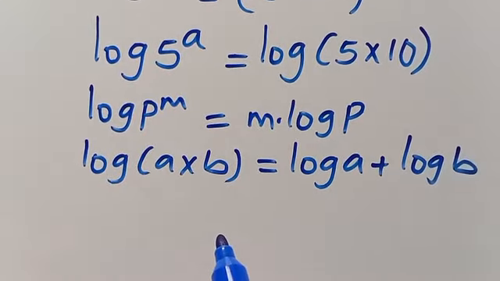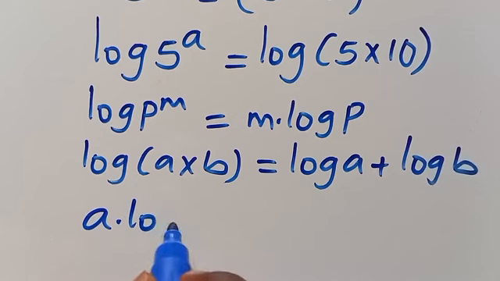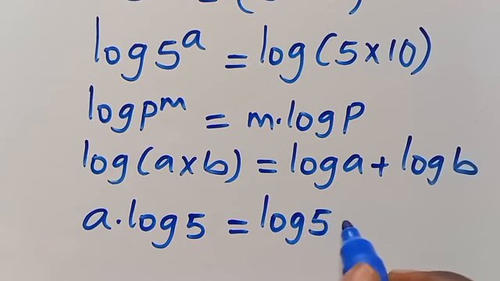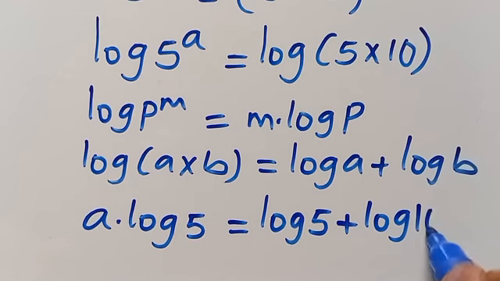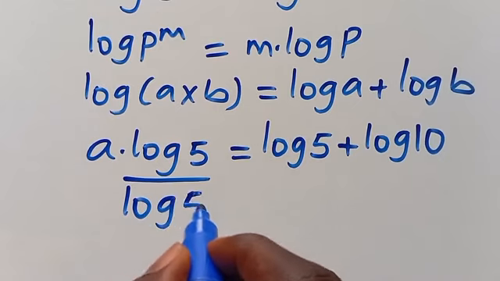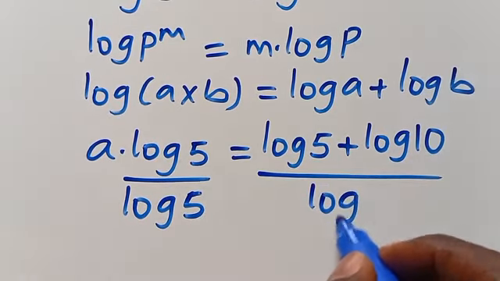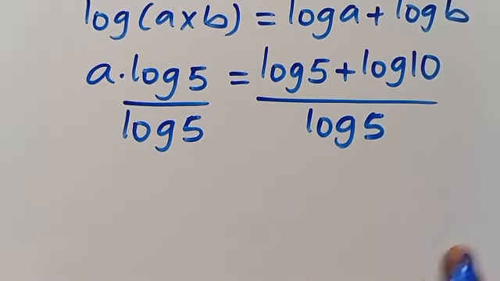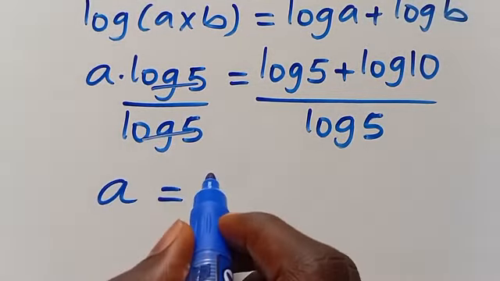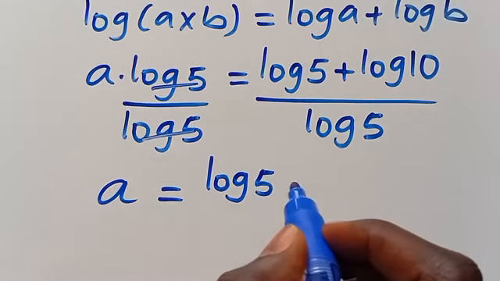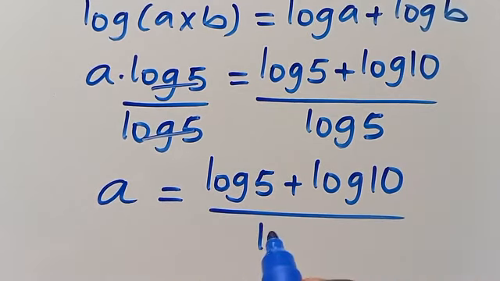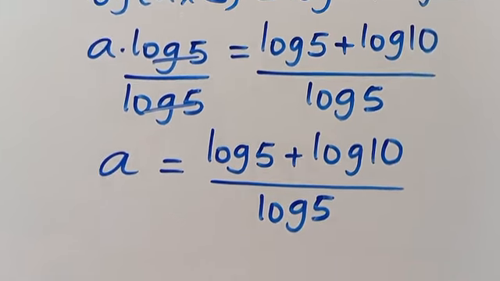So from here, we have a multiplied by log 5 equals log 5 plus log 10. So dividing through by log 5, this log 5 divided by this log 5 will be 1 times a. We have a equals log 5 plus log 10 divided by log 5.